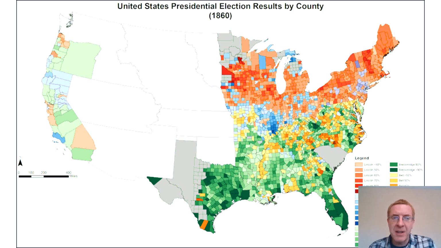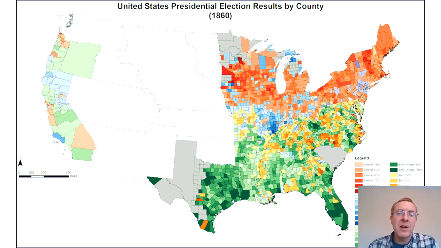Now let's move down into the South, and you'll see that Breckenridge won most of the Deep South. But the Upper South, including North Carolina, which went to Breckenridge, and Maryland, which also went to Breckenridge, had a lot of counties that voted for Bell. So again, you can see that Upper South, Deep South divide. But Delaware, funny enough, every county in Delaware voted for Breckenridge.